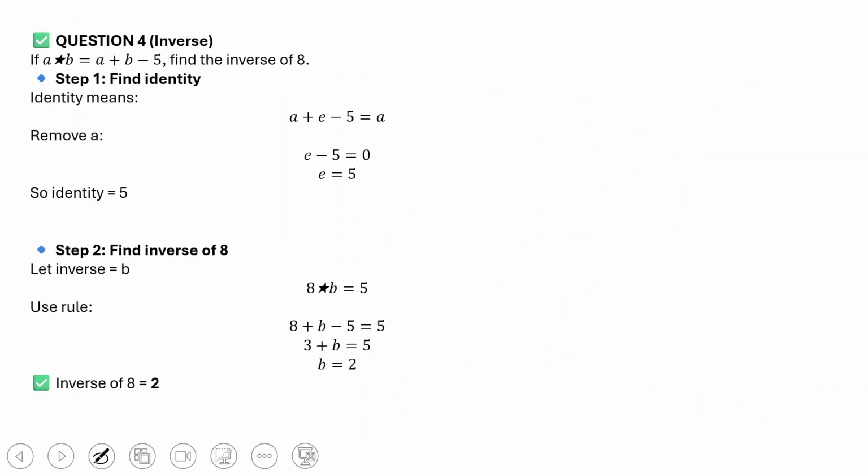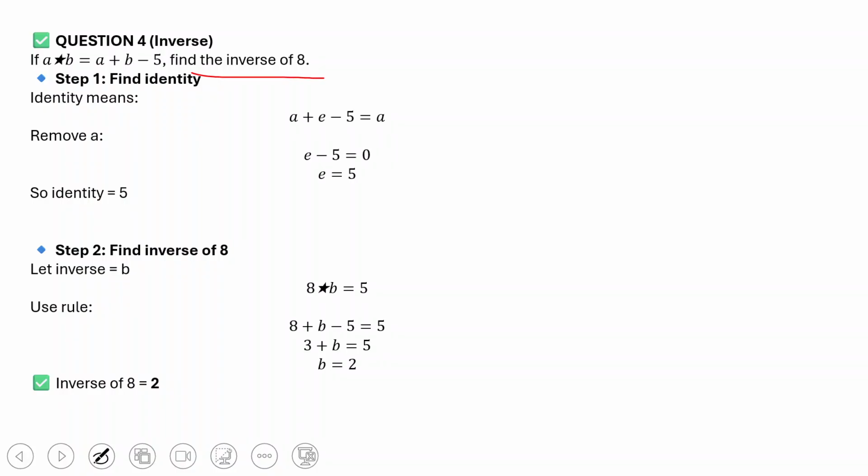Okay. So we'll use a question to introduce the concept of inverse elements. Identity means something that will make something unchanged, but inverse is 1 over that thing, right? So I have a star b is equal to a plus b minus 5. Find the inverse of 8.